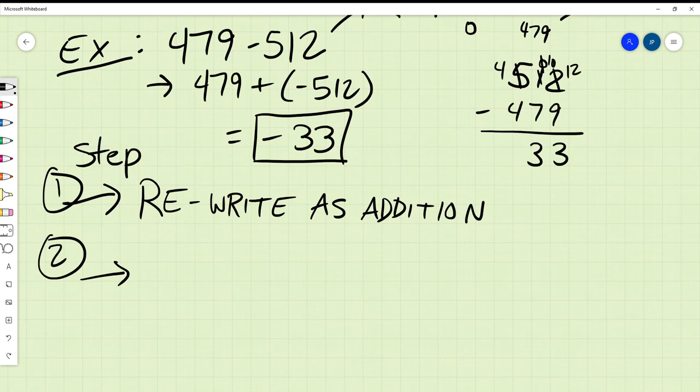And what we can do here is, if they're both the same sign, so if we're adding two things that have the same sign, we're going to add them and keep the sign.